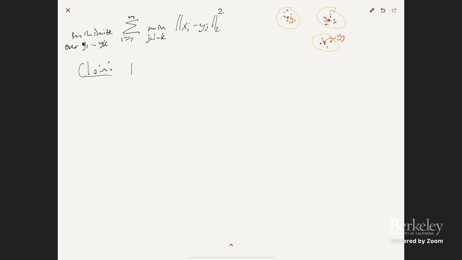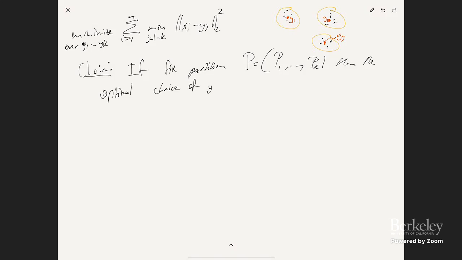If you fix the partition P, which is P1 up to Pk, then the optimal choice of yi for Pi is just the centroid of the points in that partition. So it's 1 over the size of Pi, times the sum over i prime in Pi of xi prime. It's just the centroid.